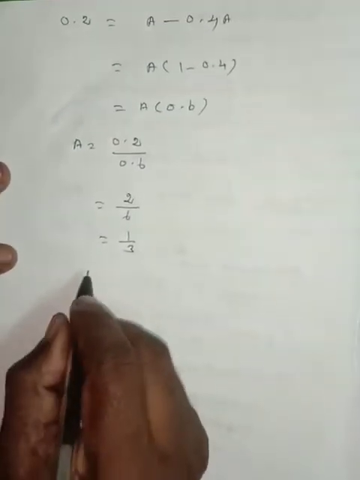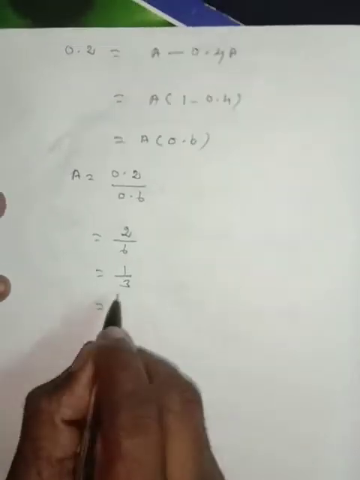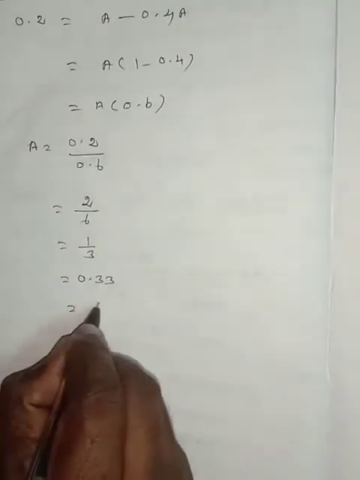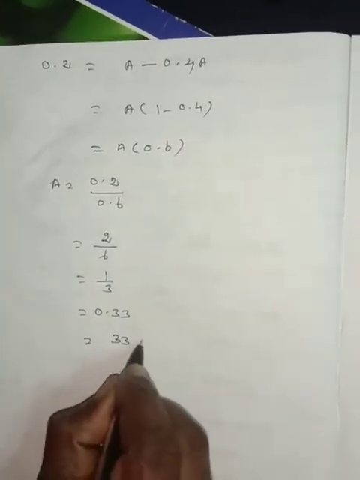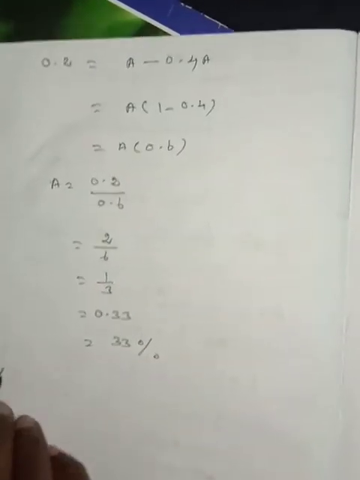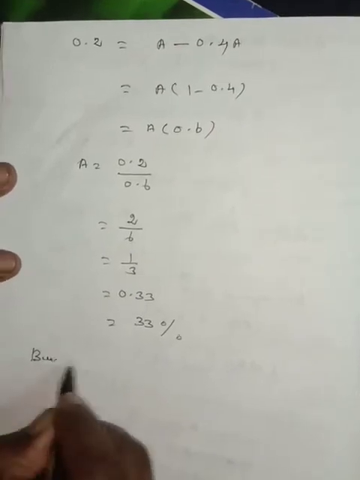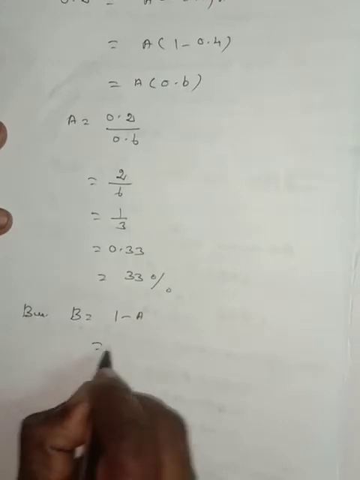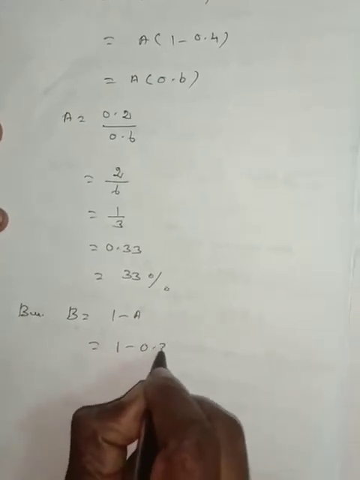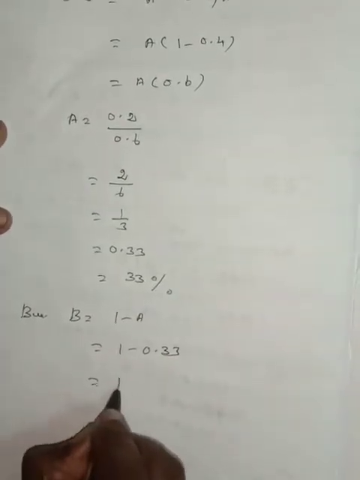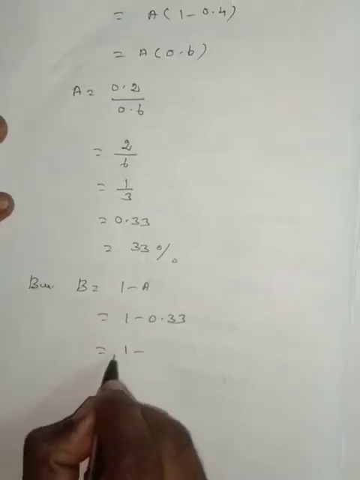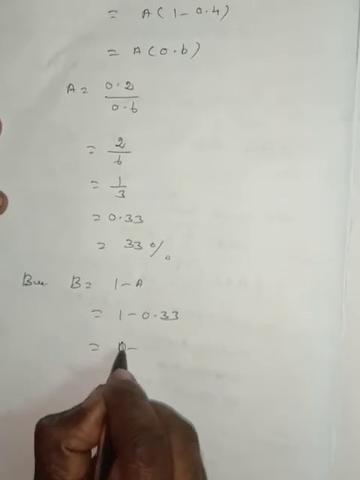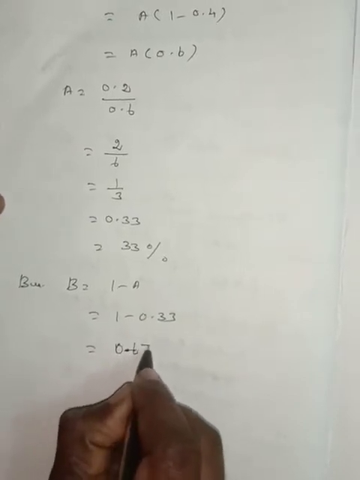1 by 3 is 0.33. This means 33%. But B is equal to 1 minus A. 1 minus 0.33 is 0.67.